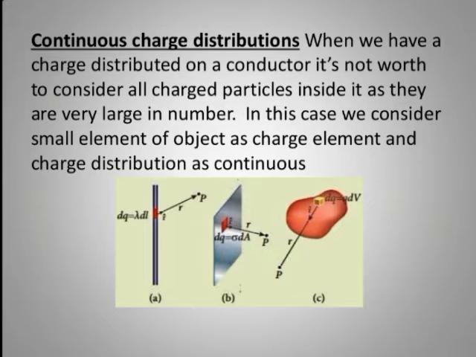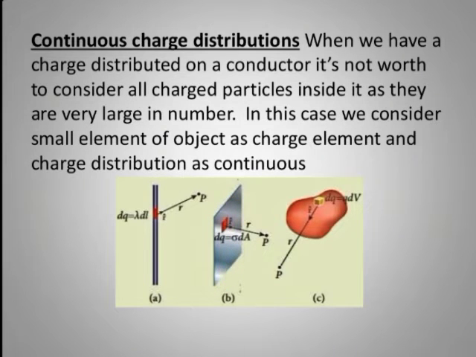So if I consider continuous charge distribution, if I consider a rod, if this rod is charged with some charges, positively charged, it has got continuous charge distribution on it. Now if I consider this figure B, if this is charged positively or negatively, there is a continuous charge distribution.